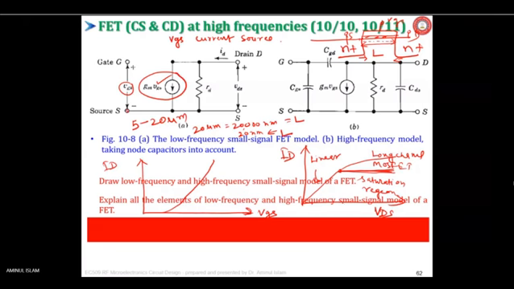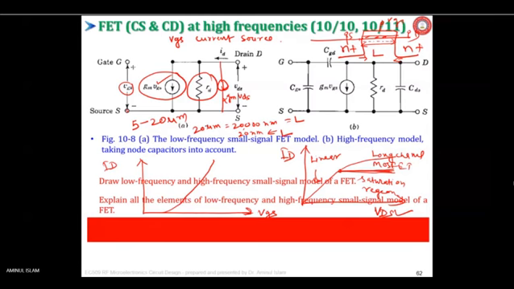But nowadays, today's MOSFET also depends on VDS. This behavior is captured by this resistance. Another voltage-controlled current source could be written here instead of RD, proportional to gm VDS.